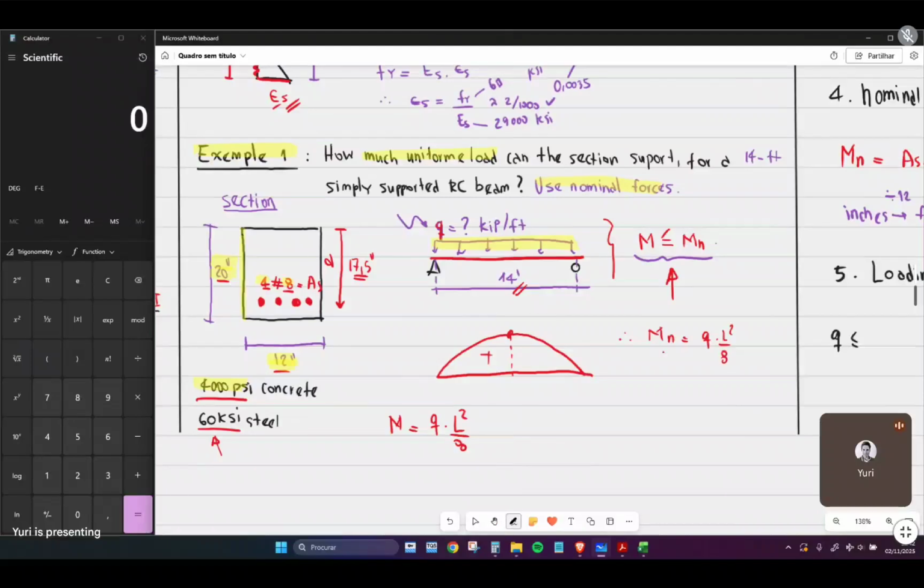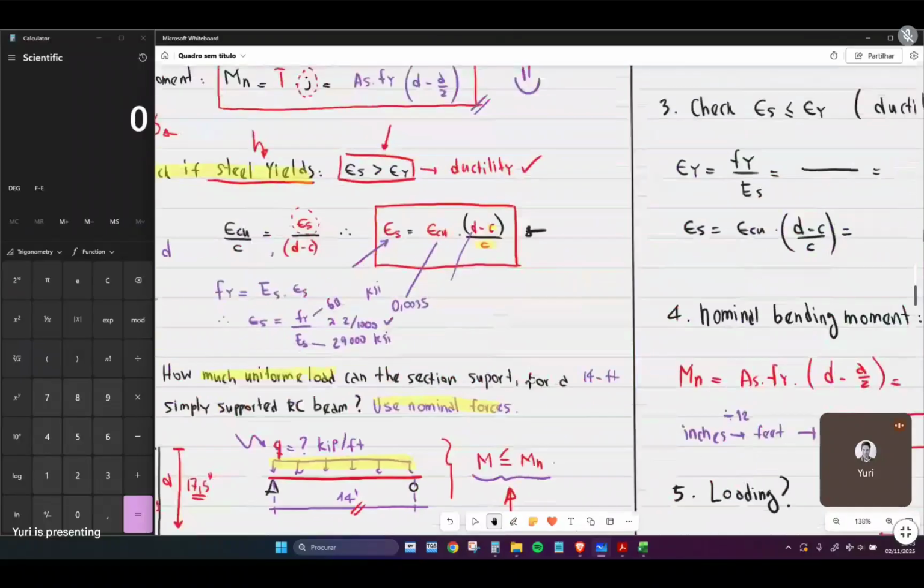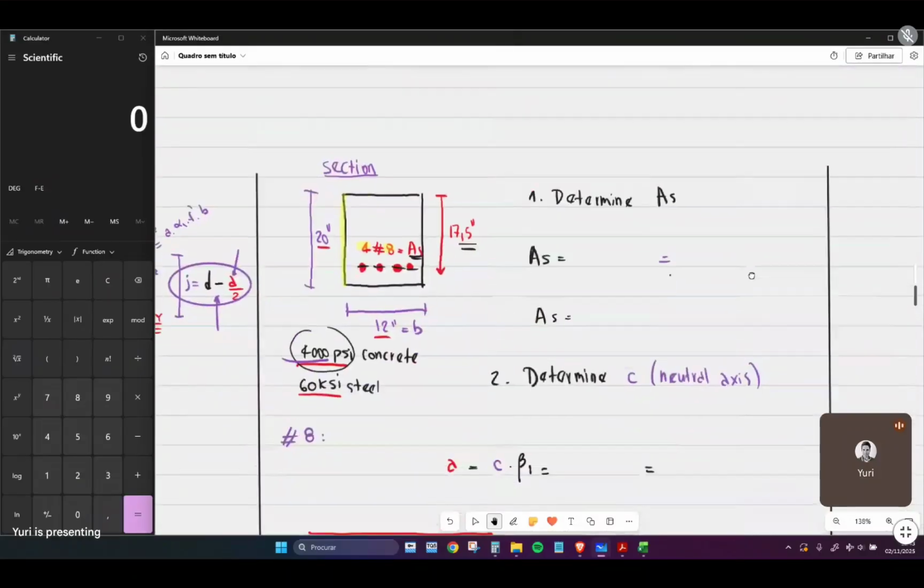And once we determine the bending moment, we are going to isolate Q, and Q is going to be smaller than 8 times the bending moment over the span squared. Okay, so that's the main idea. Let's start this exercise then.